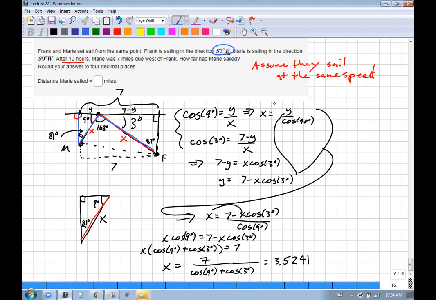17 miles, huh? South 9 degrees west. I don't know, maybe I'm interpreting these wrong. Let's see, southwest. So here we're going south and we're going west, 9 degrees. So this angle is bigger than that one.